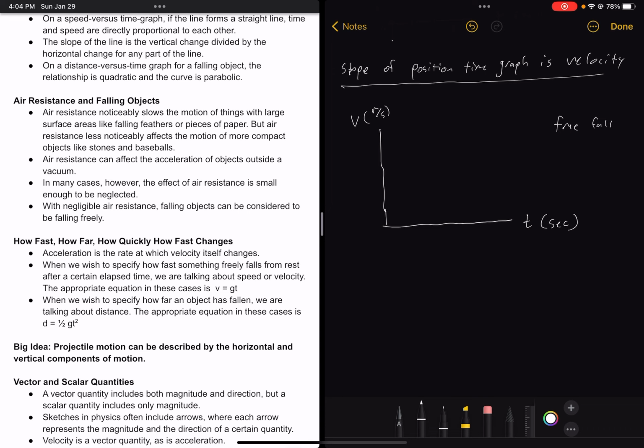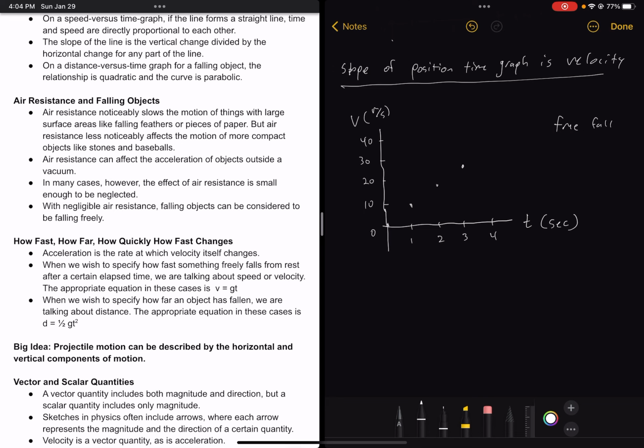At 0 seconds, it's going at 0, and then every single second, it's going to speed up 10 meters per second. So after 1 second, you have an object in free fall going 10 meters per second. At 2 seconds, it's going to be going 20. At 3 seconds, it's going to be going 30, and then we have 40. Okay, and that's the idea.